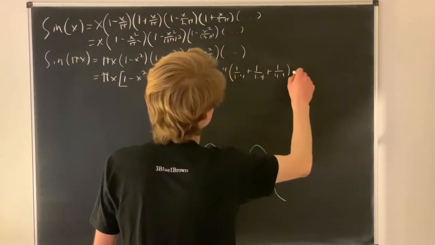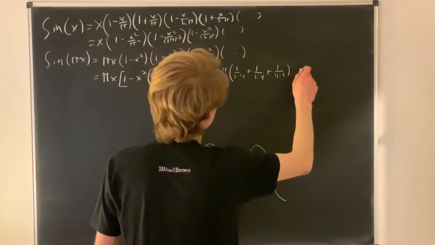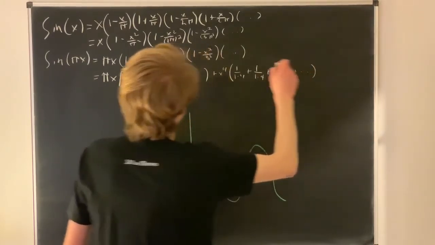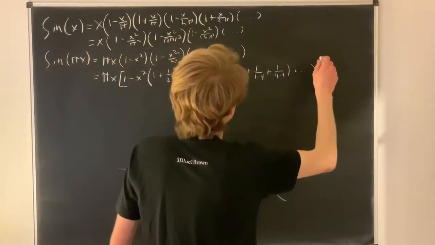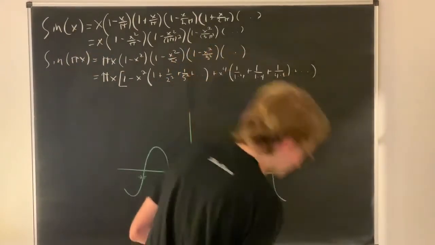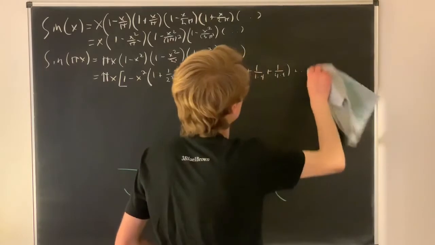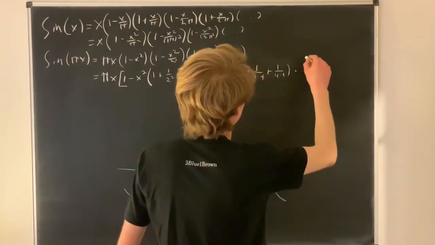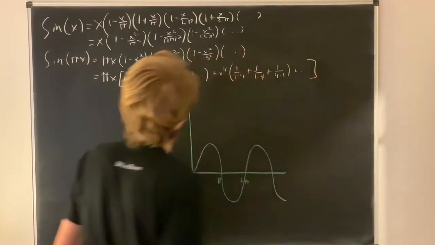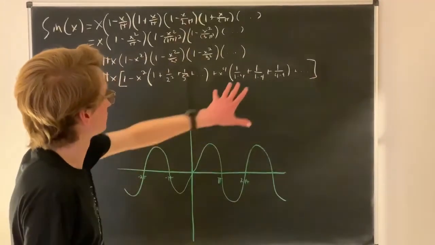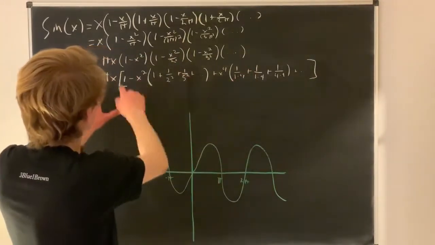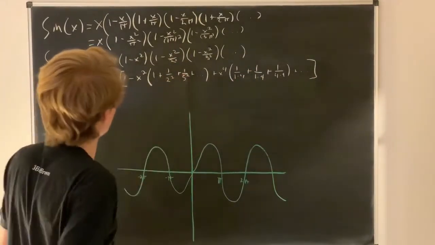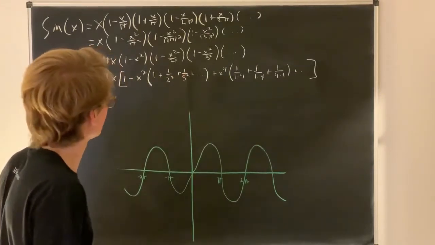And then this is just going indefinitely. Well, we don't really care about this term so much. We really just care about these guys. You'll see why in a little bit.